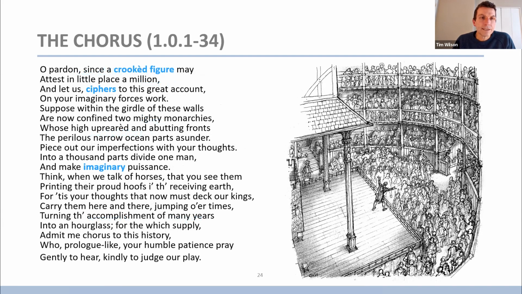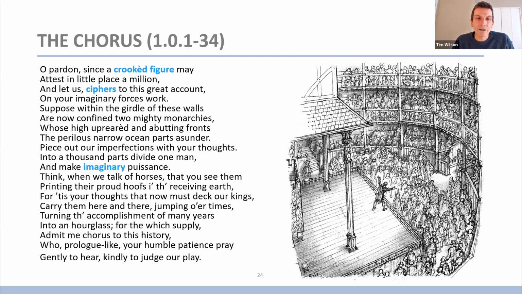Oh, pardon, since a crooked figure may attest in little place a million, and let us, ciphers, to this great account, on your imaginary forces work. Suppose within the girdles of these walls are now confined two mighty monarchies, whose high upreared and abutting fronts the perilous narrow ocean parts asunder. Piece out our imperfections with your thoughts. Into 1,000 parts divide one man, and make imaginary puissance.